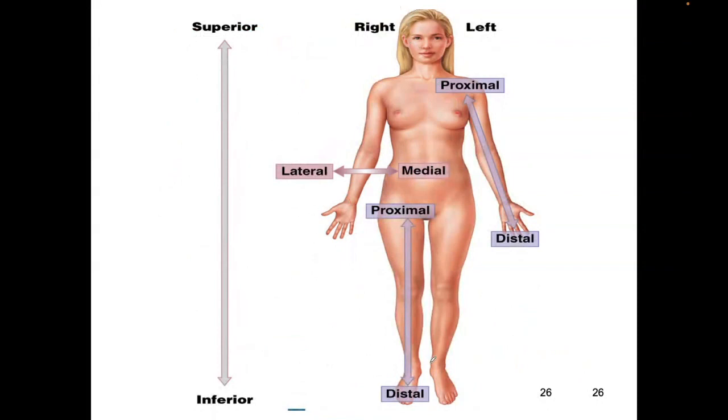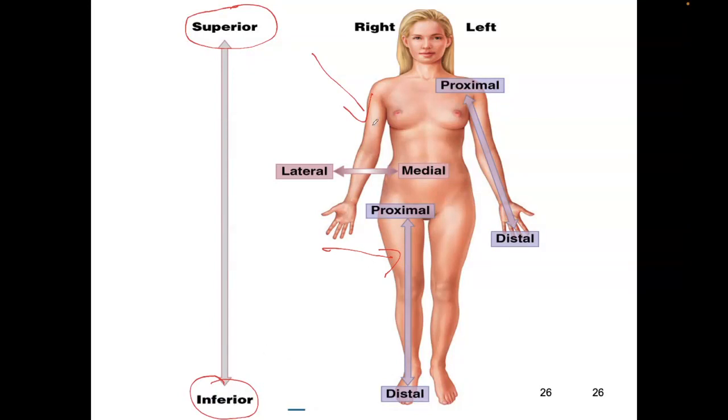When we look at a body as a whole, when we move upwards, we're moving superiorly. When we're moving down, we're moving inferiorly. But when we're looking at the extremities, whether it be the upper extremity or the lower extremity, we don't use superior and inferior.